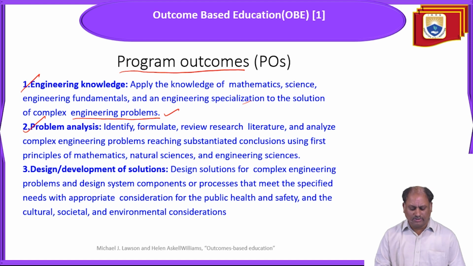That means identify, formulate, review research literature, and analyze complex engineering problems, reaching sustained conclusions using first principles of mathematics, natural sciences, and engineering sciences. That means we analyze the problem with the literature review, and reach conclusions using the principles of maths and engineering sciences.